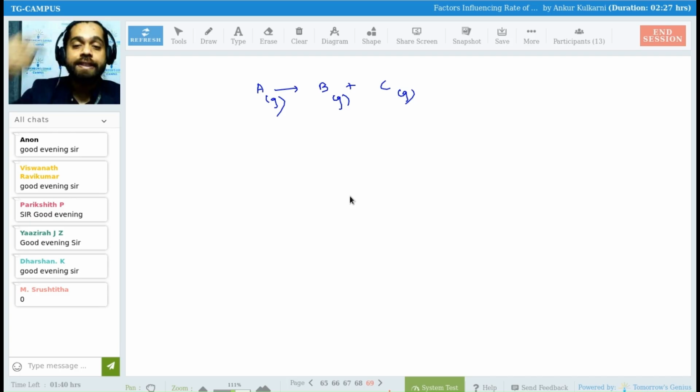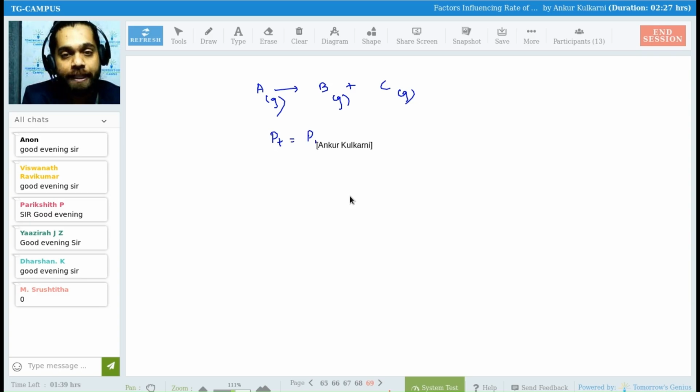We write initial over final, same thing, but the final pressure will change. Over here we consider the total pressure. Now what is total pressure? That is the pressure exerted by A, B and C.